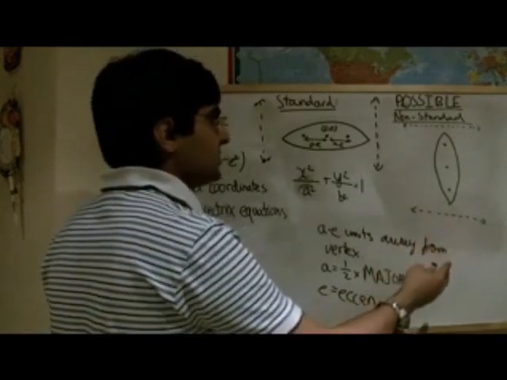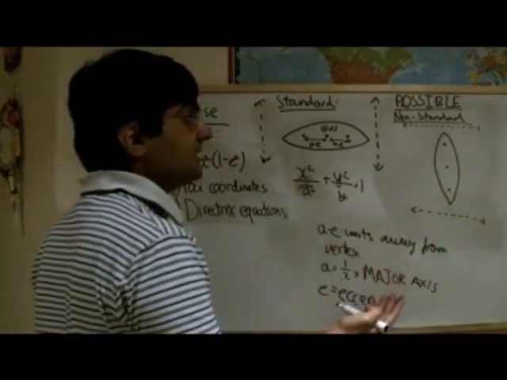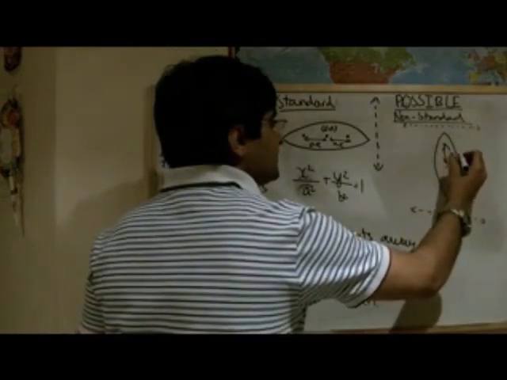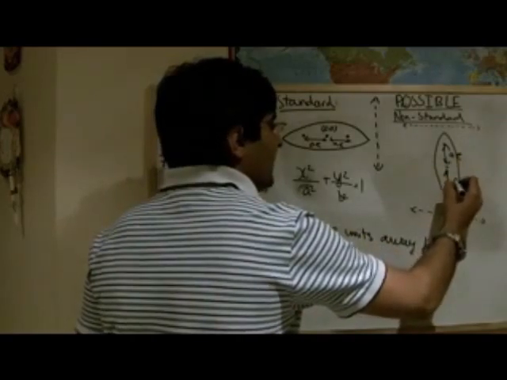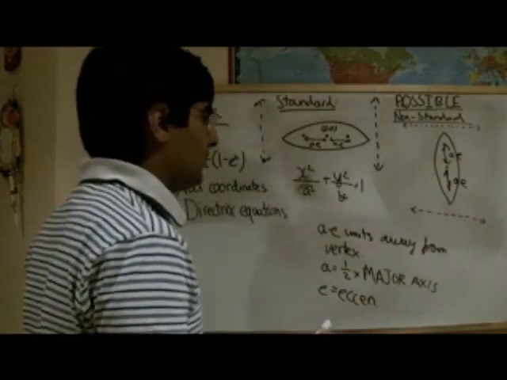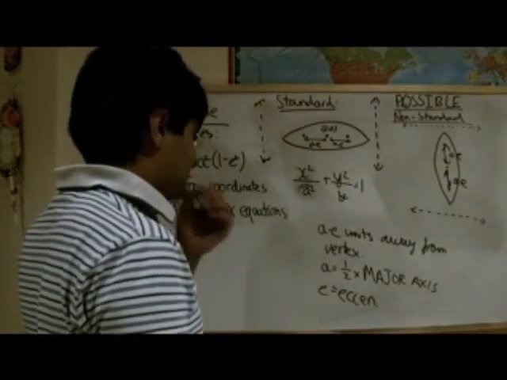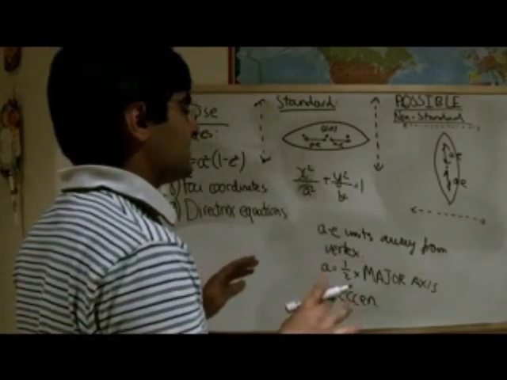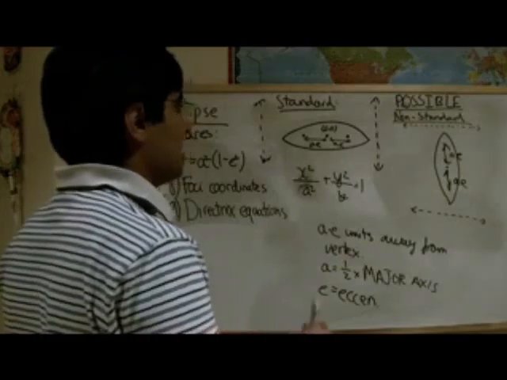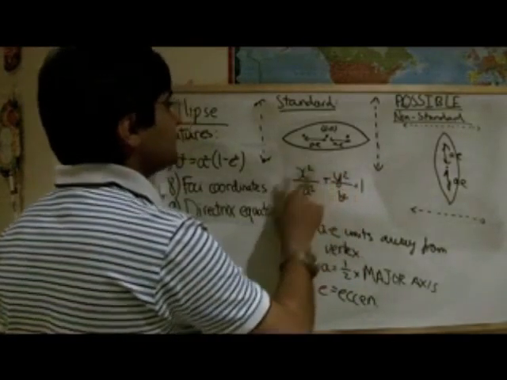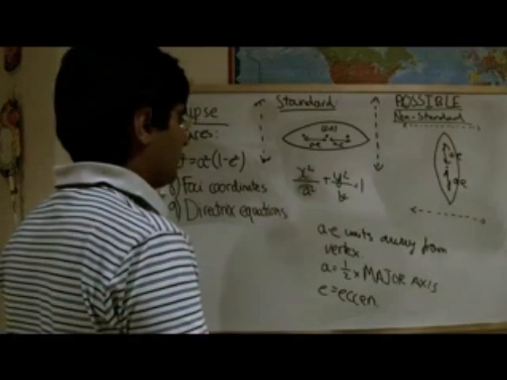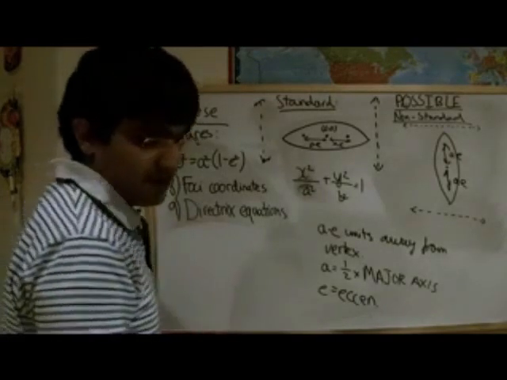In the case of a non-standard ellipse, where the vertical axis may be the major axis, this vertical distance between the center and the foci would be a times e. The basic concept is quite simple. Whenever you have a center, and you know which axis is the major axis, all you have to do is travel ae units either side of the center on the major axis, and you will find the two foci. That takes care of the foci coordinates part of this relation.